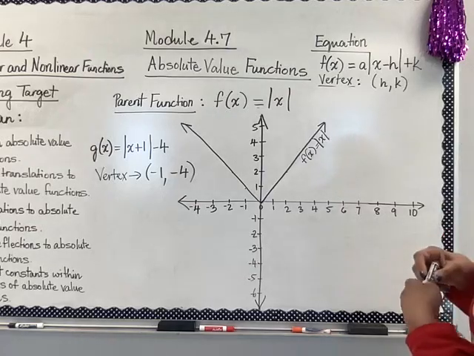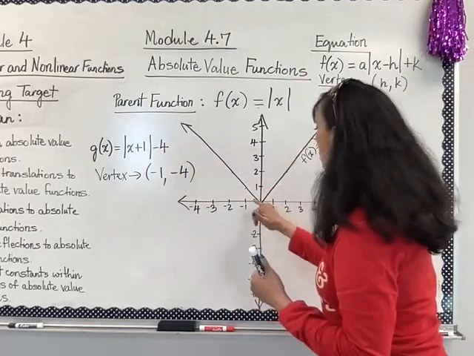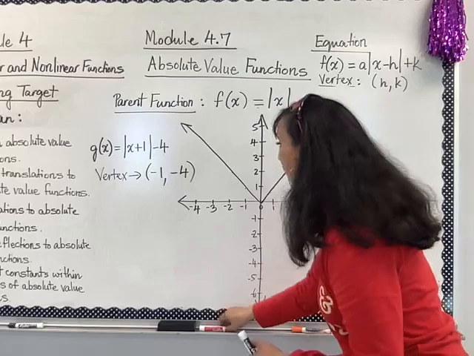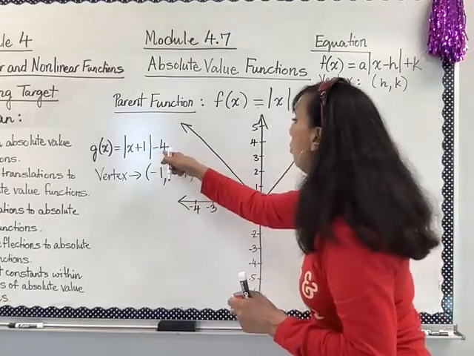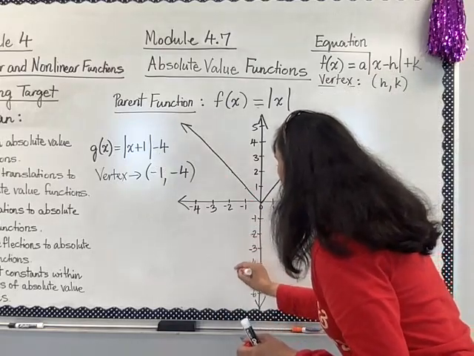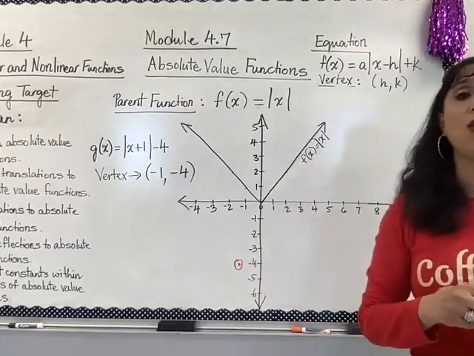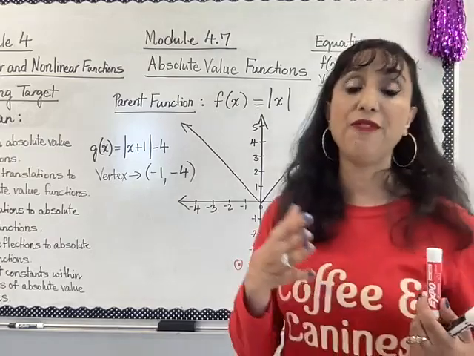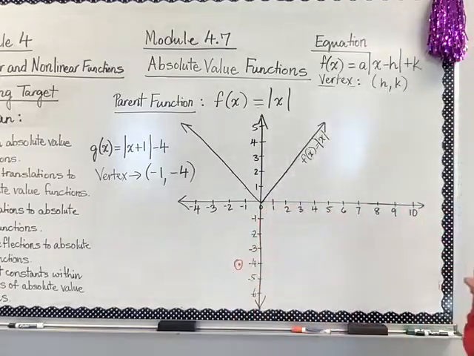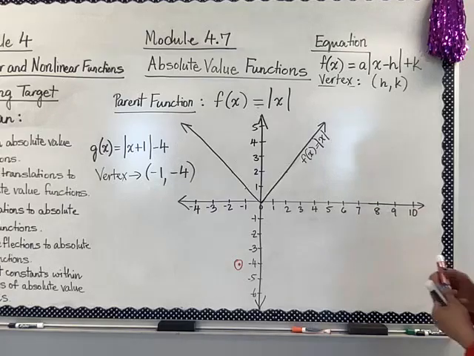So once again, I am going to move, as I said, x plus 1, so I go 1 to the left, and then I say minus 4, so I am going 1, 2, 3, 4 down. Okay, so there is no reflection going on over here, and so therefore my rise over run is just going to be 1 and 1.